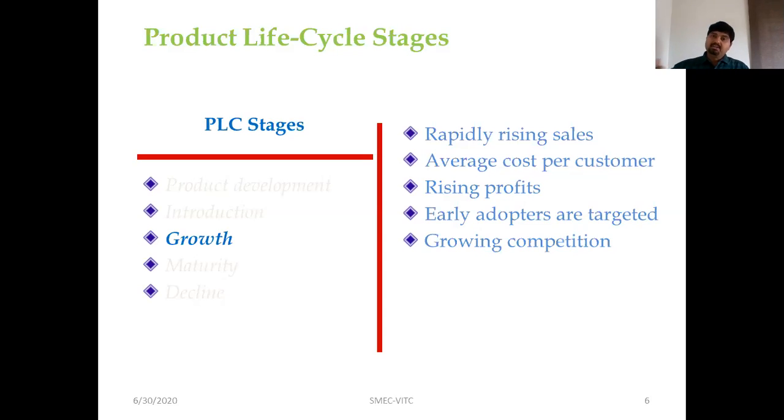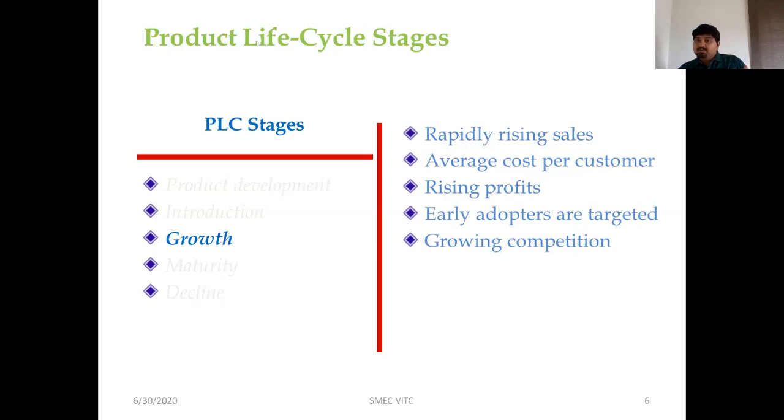So the average cost per customer, previously a very high investment for each customer to come and take the product, now in the growth stage becomes slightly reduced. So we could witness rising profits in the growth phase.